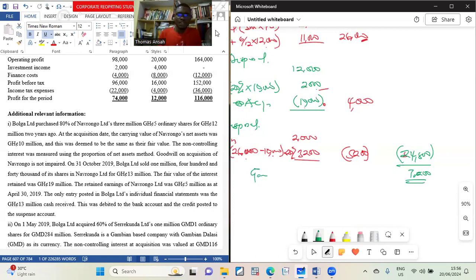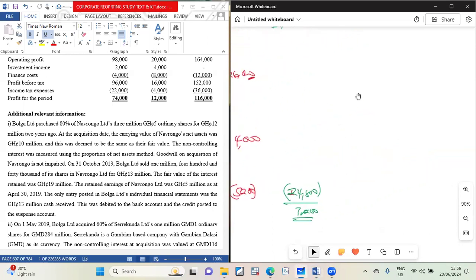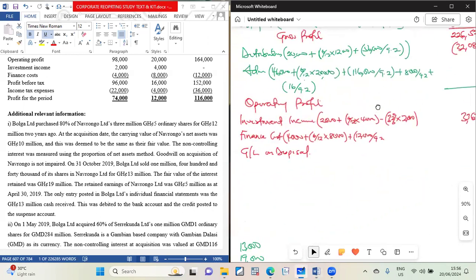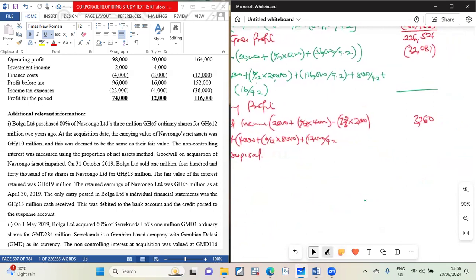So let's go and do that. Where is our P&L? Gain on disposal, exceptional item on our P&L. So that is 7,200, we bring that one in here. All right, so that is sorted out.